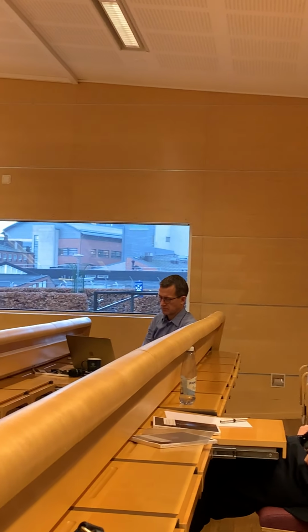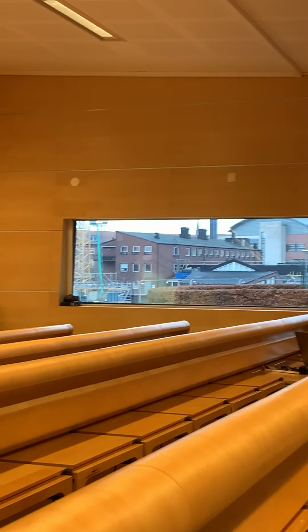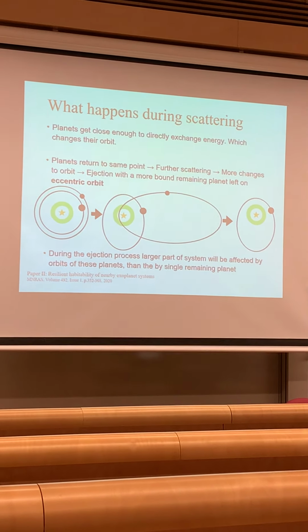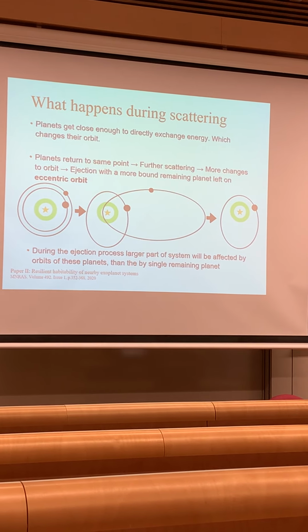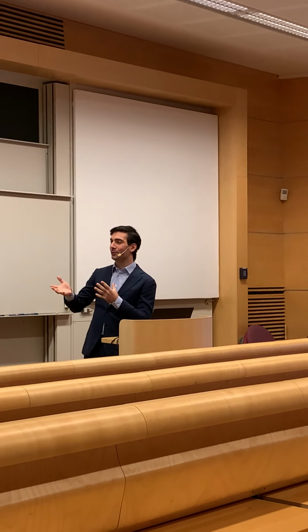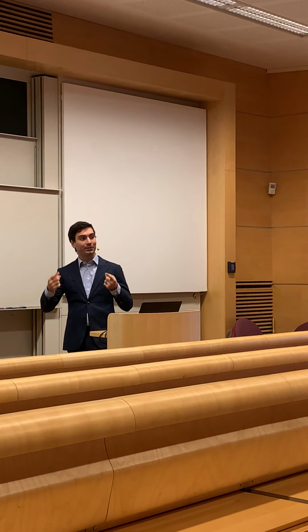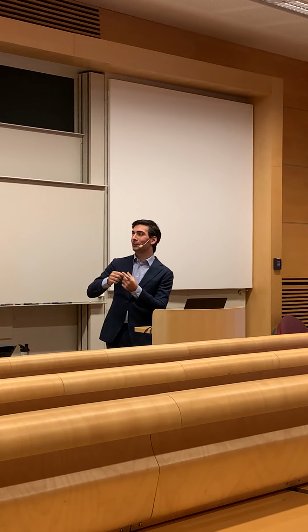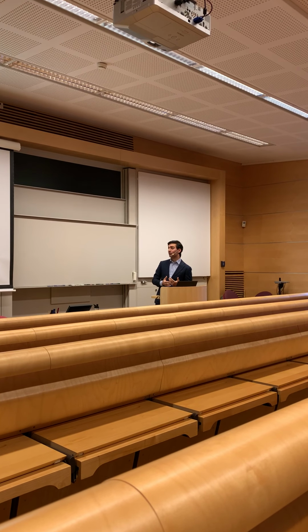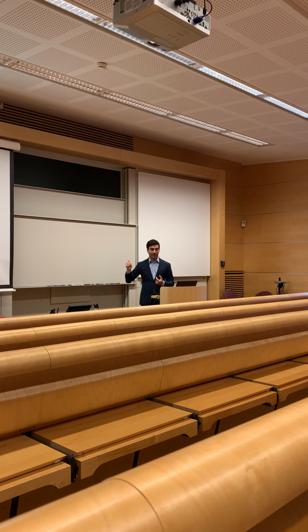When planets form very closely, like you see in the leftmost image here, they will exchange a little bit of energy. This exchange of energy can eventually lead to them getting so close that their orbits cross over. And once the orbits cross over, one of these two planets is pretty much done for. Because if they start getting close enough to directly scatter, they will keep doing so until one of them is removed and the other one is left on an eccentric orbit.